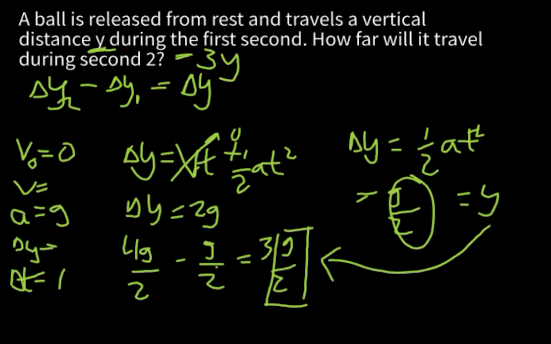Right? So during second 1, it's going to fall a distance of y. But during just the second second, it's going to fall a distance of 3y, and that would basically tell us that its total change in y for 2 seconds is going to be 4y, because you would just add those 2 seconds together.